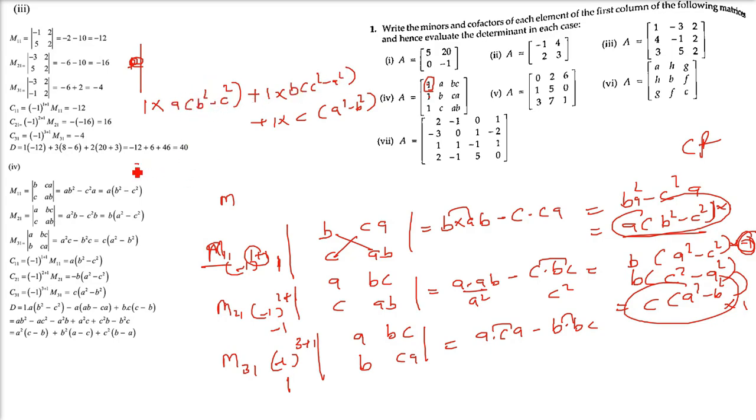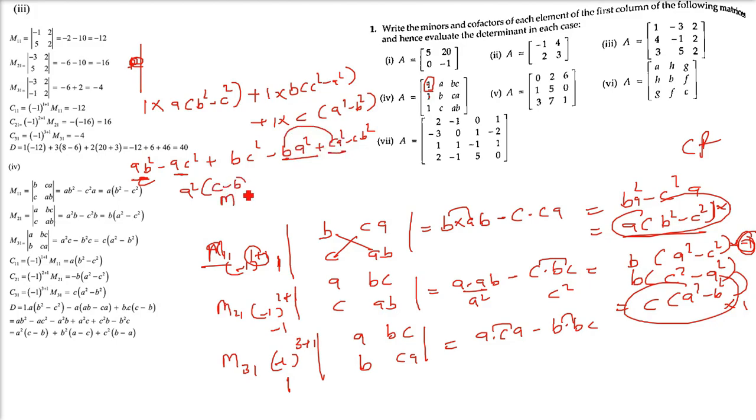Multiplying this a with b square minus c square, it will be ab square minus ac square, plus bc square minus ba square, plus ca square minus cb square. Now you just take a square common from ac square and ba square. So I am taking a square common, it will be c minus b.